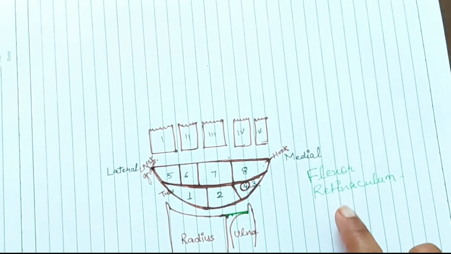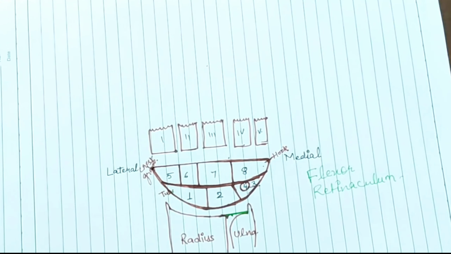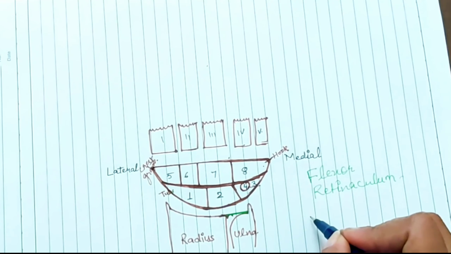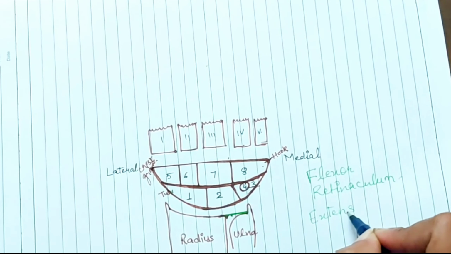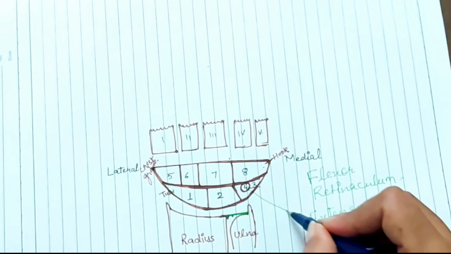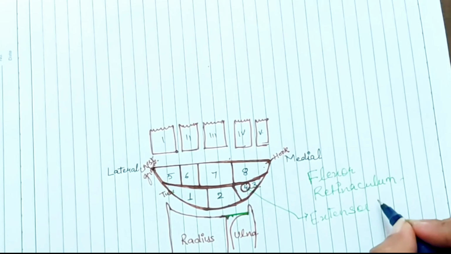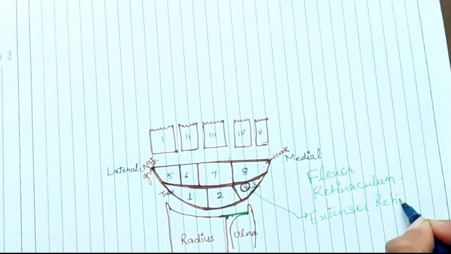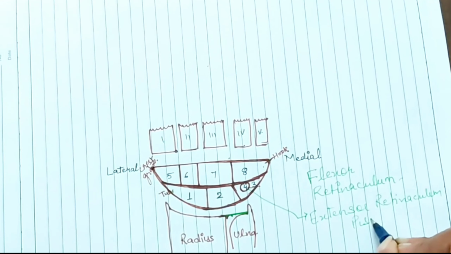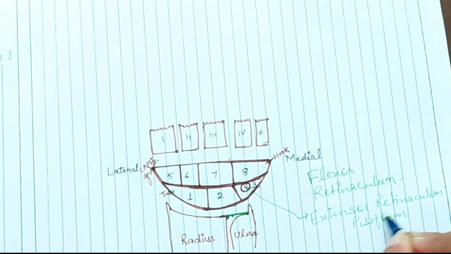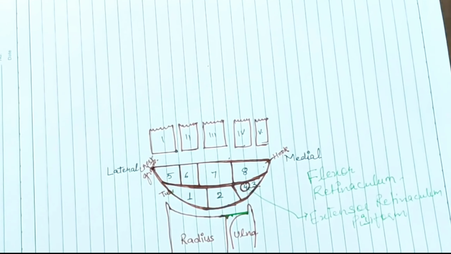Apart from flexor retinaculum, only 1 pillar gives attachment to the retinaculum of the dorsum, which is the extensor retinaculum, and that is the pisiform bone. So extensor retinaculum is attached on pisiform. Now what is pisiform?